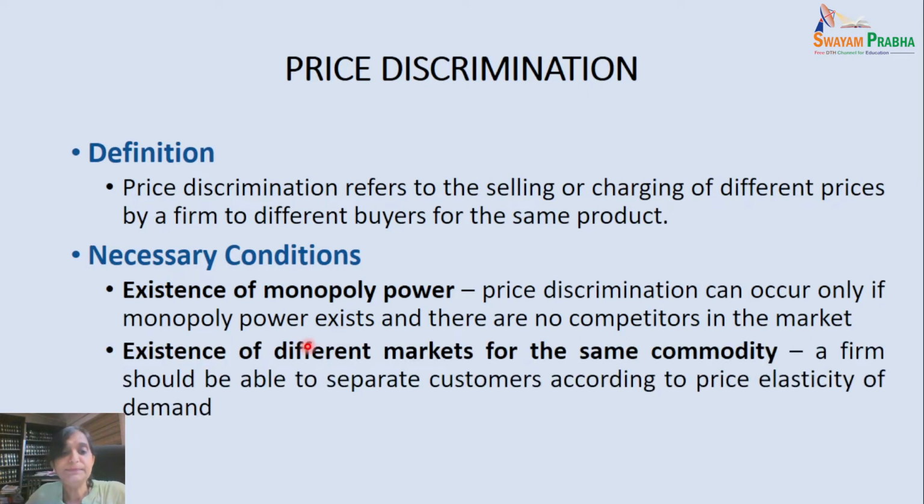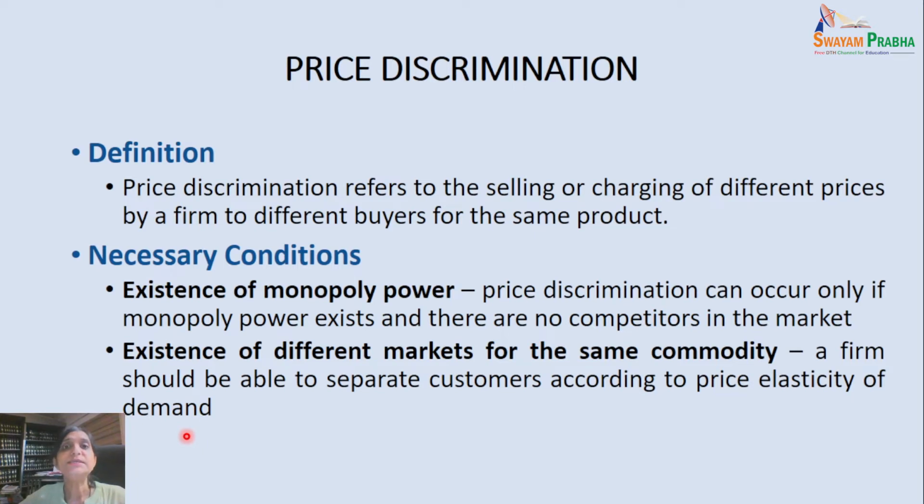Okay, then there should be existence of different markets for the same product. That is, the firm should be able to separate customers according to the price elasticity of demand. That is, he should be able to do a segmentation of the whole market of the customers based on certain characteristics, and he finds that one market has inelastic demand, the other market has an elastic demand.